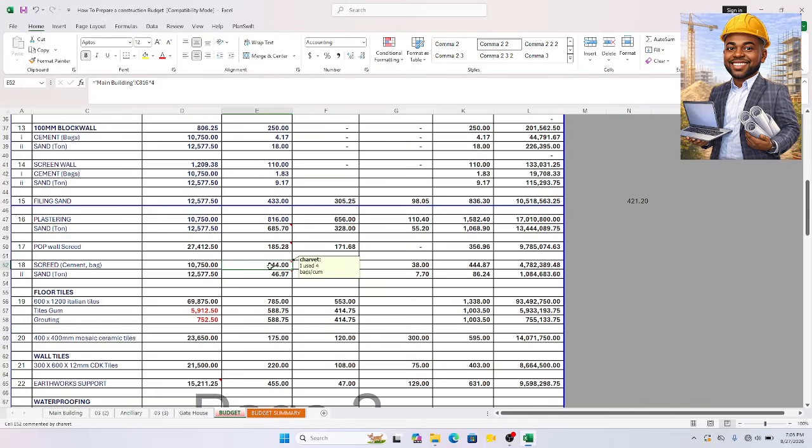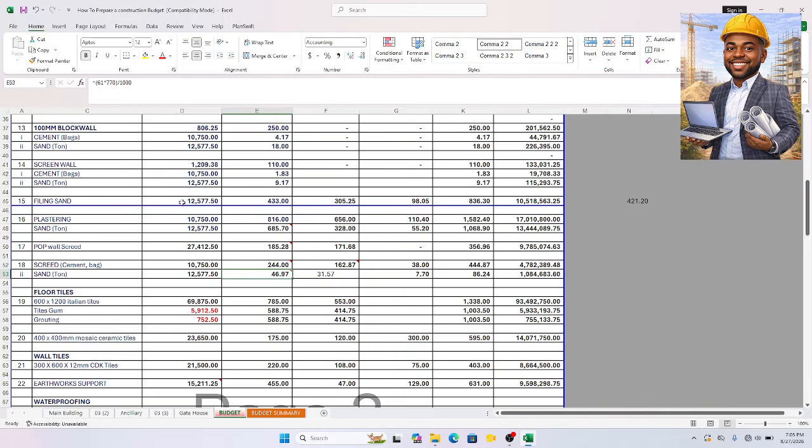Right? So for each cubic meter I have 4 bags. So multiply whatever I have there by 4. The same thing here, by 4. So that's how we have the total for the floor screed. For the sand, I use this volume of sand for mixing of concrete.